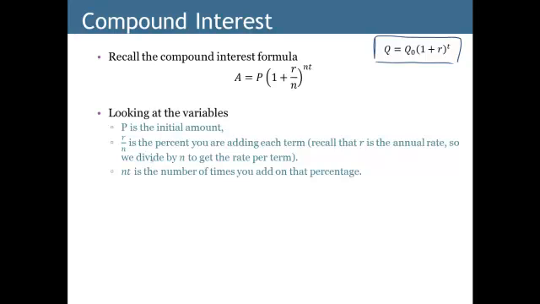Because you're adding the percent for each term. So the percent gets divided up over each term. And then NT, because that's the number of times that's happening. So compound interest really is this exponential formula idea. It just has a few extra parts in it, mainly the N, because the N affects the time or the term of everything.